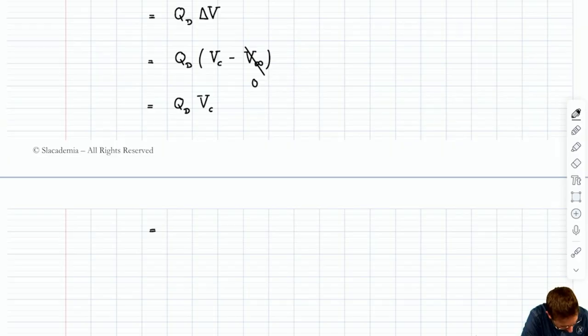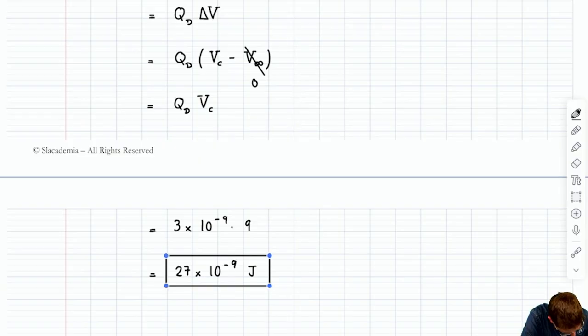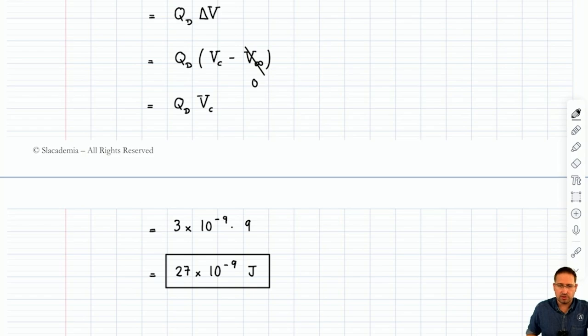Now QD is 3 times 10 to the negative 9, multiplied by VC, which we know is 9. So this is 27 times 10 to the negative 9 joules. Okay, not much, arguably, but also there's not that much charge on QD, right?